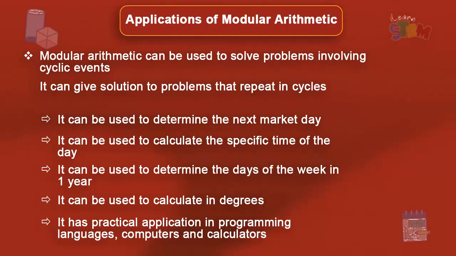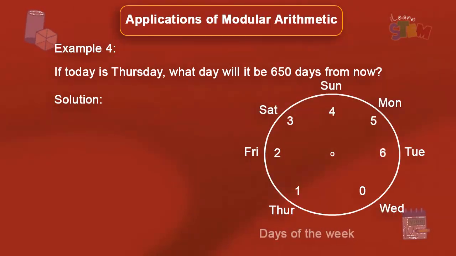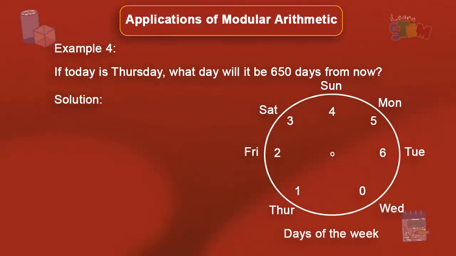Now, let us solve a practical example. If today is Thursday, what day of the week will it be in 650 days from now? Solution. Since there are 7 days in a week, we shall work in mod 7 using the number cycle below, where numbers represent days of the week. To solve this, we simply add 650 days to Thursday, which is represented by 1.